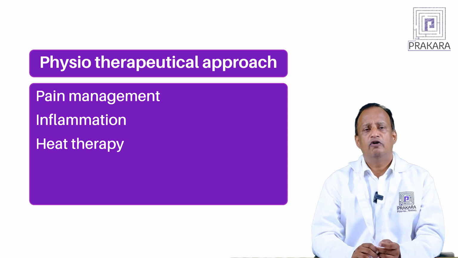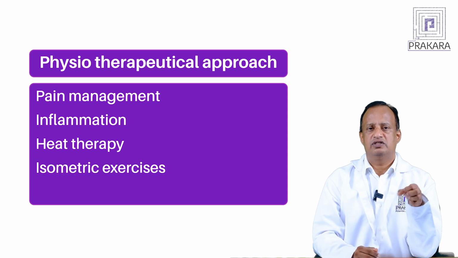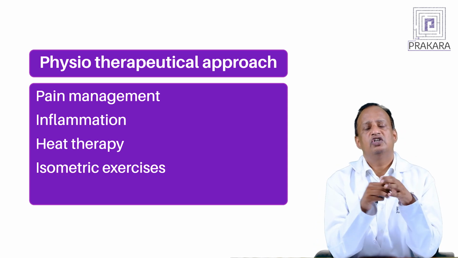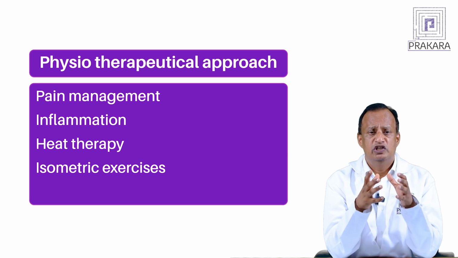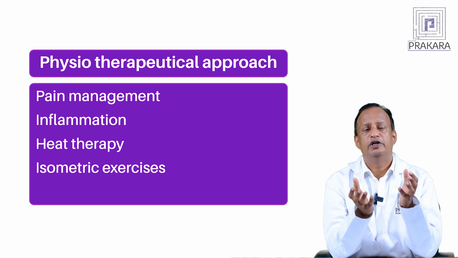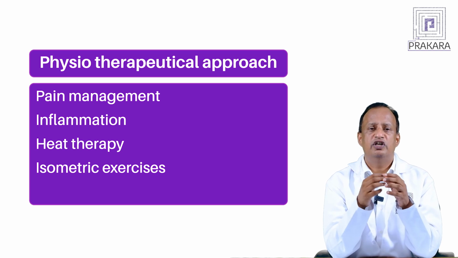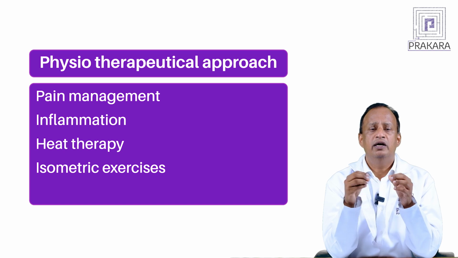Thereafter, we would go for isometric exercises, right. Muscle strengthening is very important around the joint, because stronger muscles will produce better compressive abilities to the joint. So rigorous strengthening of the muscles around the joint should be advocated, right?